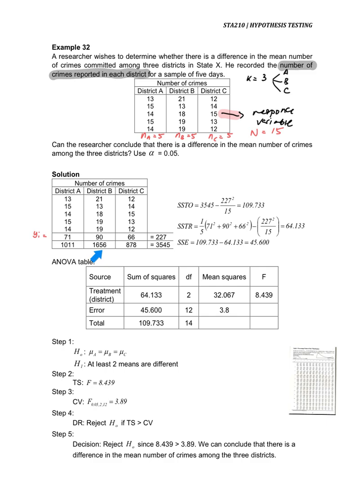1011, 1656, 878 are obtained when we square each data value for district A. So I get 1011. And when I square each data value in district B, I get 1656. So this one can be written as Yi square.